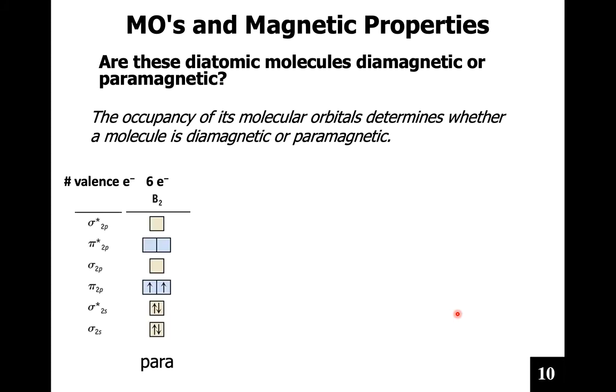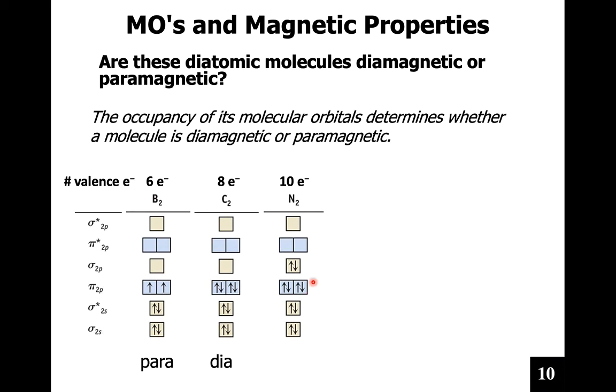All right, and then finally we should talk about whether, once they're filled, they are paramagnetic or diamagnetic. In order to be diamagnetic, we have to have all paired electrons. Diboron has 2 unpaired electrons, so it's paramagnetic. Dicarbon has all paired electrons, so it's diamagnetic.